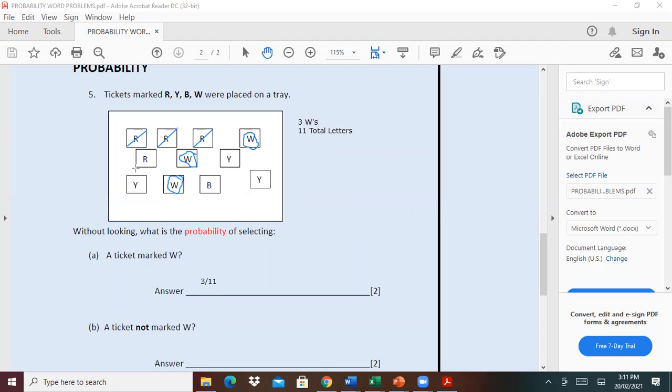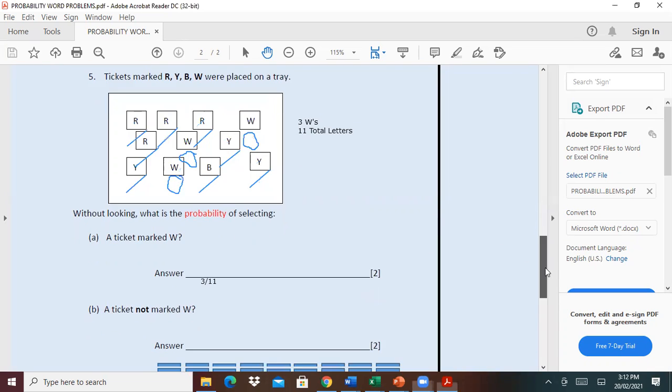We can just say, well, we have 11 total, 3 are W's, and the remainder are not W's, then we just do 11 minus 3, which is 8. Or we do it my long way and we cross off to see how many are not W's in this picture. Now we should come back to the number 8. Let's see, 1, 2, 3, 4, 5, 6, 7, 8. Yes. So we got 8.